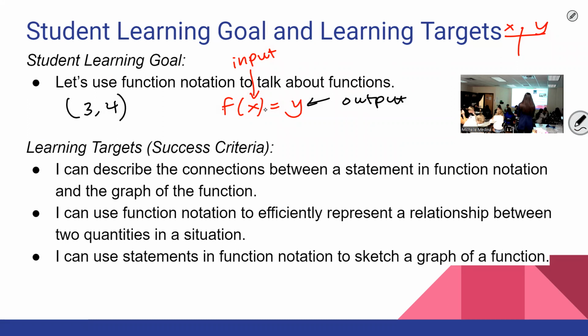All right, so show of hands if you have an answer. How would I write that in function notation? Perfect. That's really it. All of that practice just to be able to read stuff when it's in function notation. I should clearly see my input and I should clearly see my output.